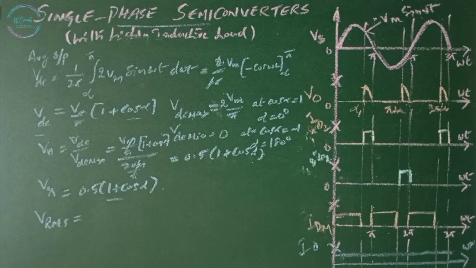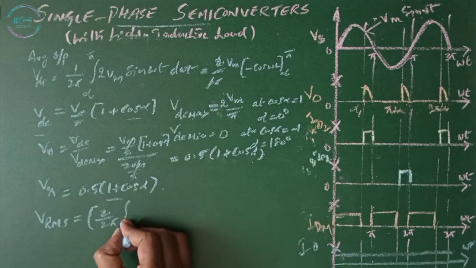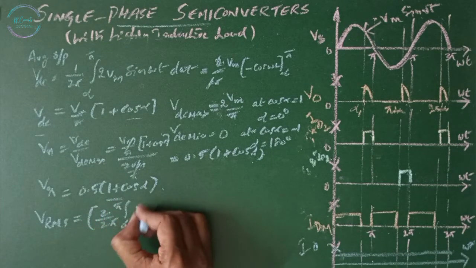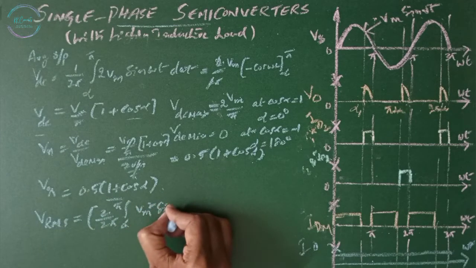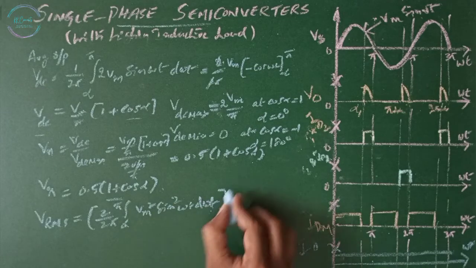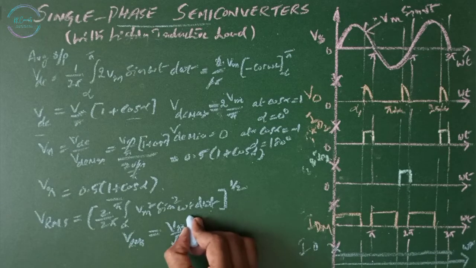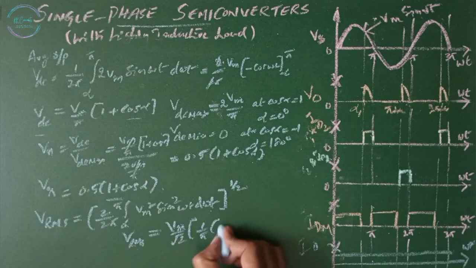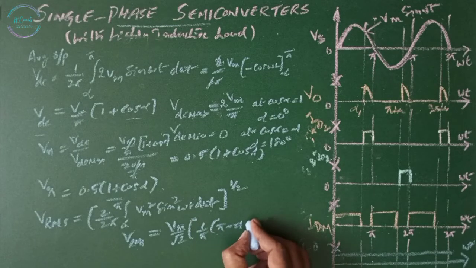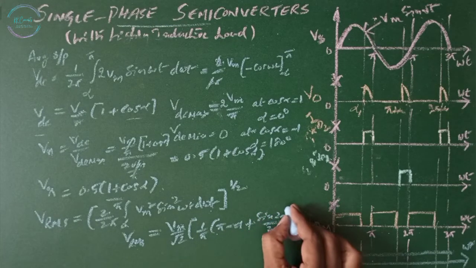VRMS, the RMS output voltage, equals the square root of 2 by 2 pi integral alpha to pi of Vm square sine square omega t d omega t, which equals Vm by root 2 times the square root of (1 by pi)(pi minus alpha plus sine 2 alpha by 2).